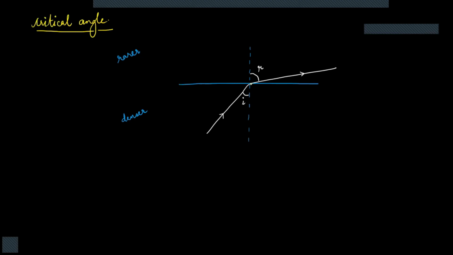If we increase the angle of incidence such that the angle of refraction becomes 90° with the normal, this angle of incidence is the critical angle. So IC here represents critical angle.